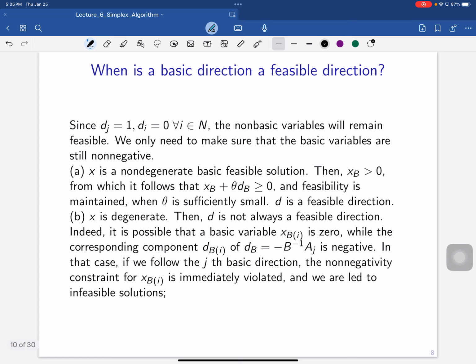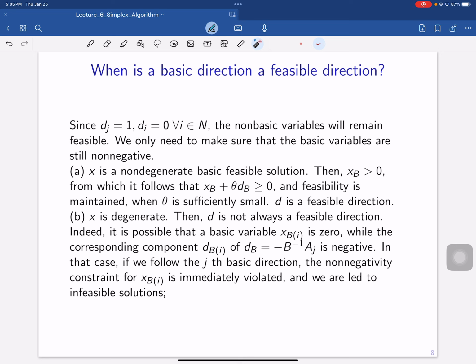Okay, so now let's check the linear inequality constraint. There are two cases that can occur. First is if x is a non-degenerate basic solution. That means all the basic variables are strictly greater than 0.